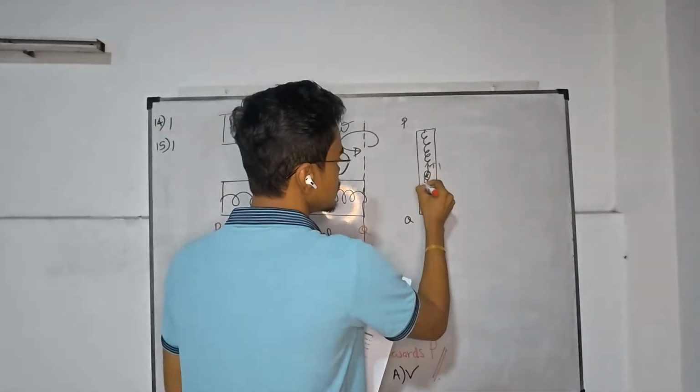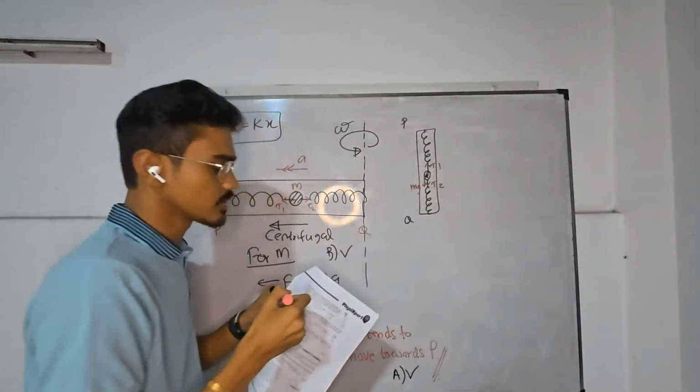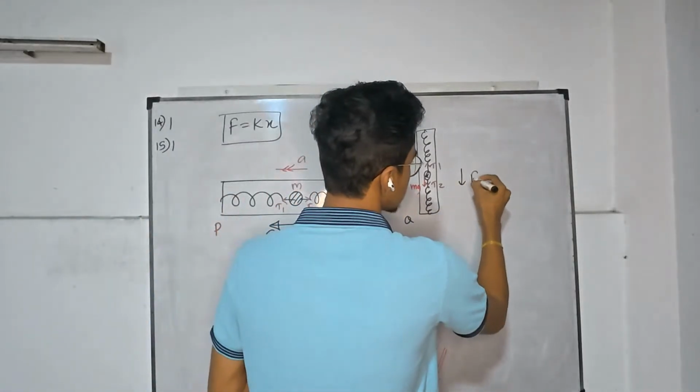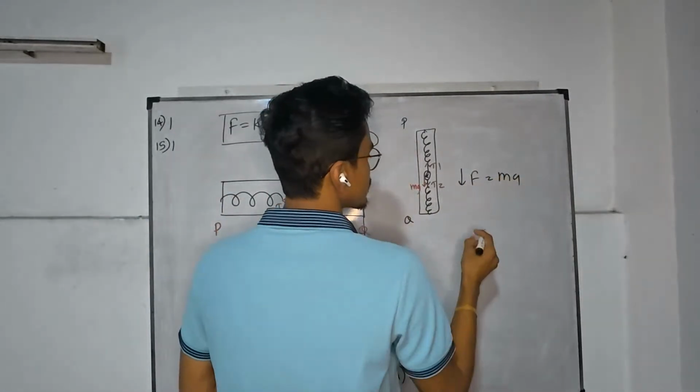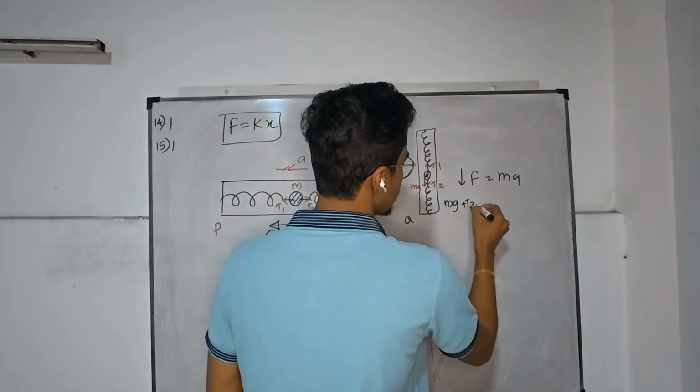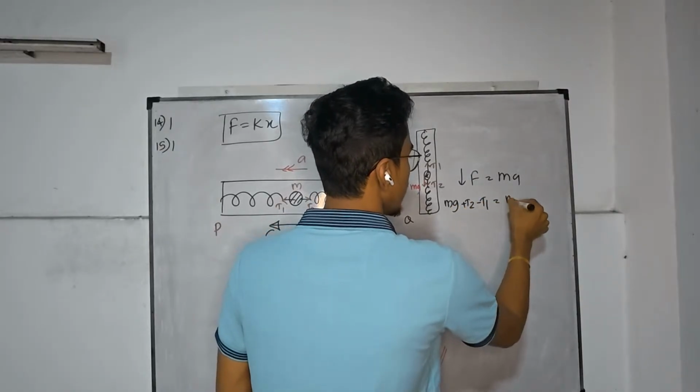Right? So, Mg also acts. Now, if we apply F equals Ma here, downwards, Mg plus T2 minus T1 equals Ma.